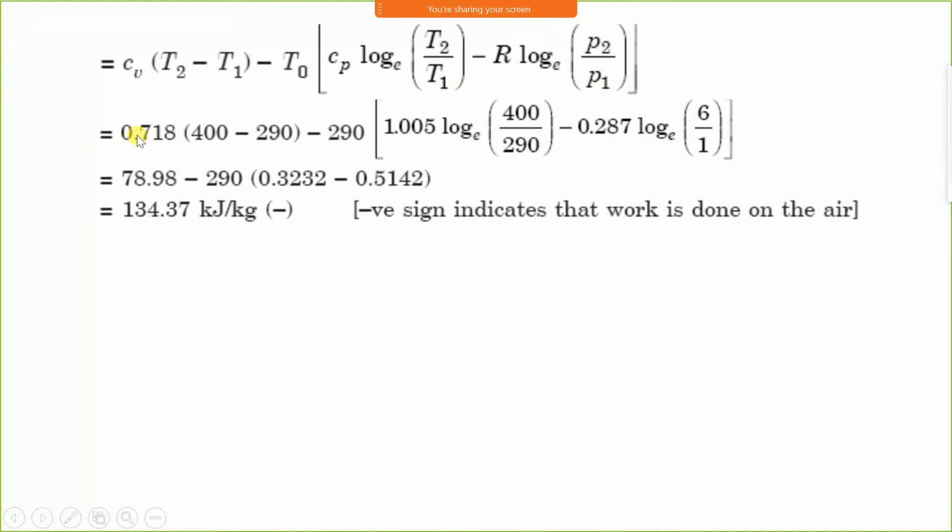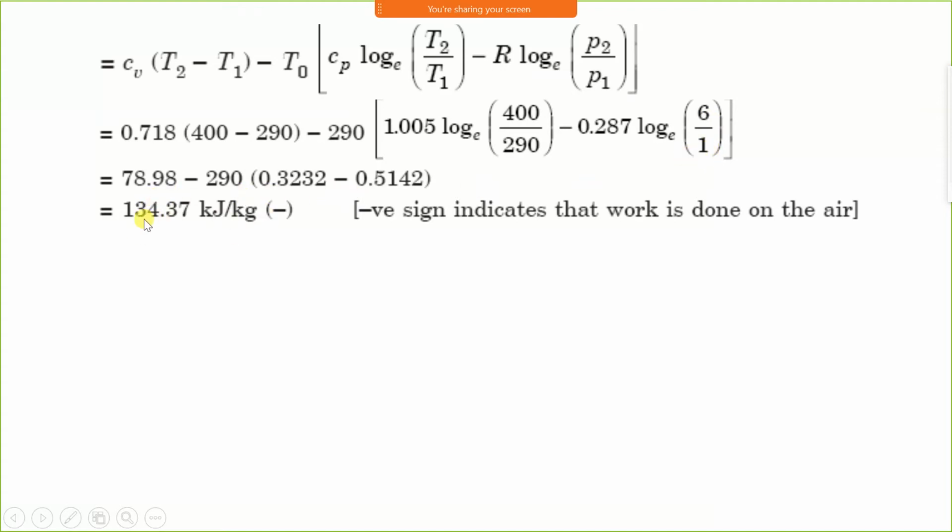Putting the values: 0.718, T2 is 400, T1 is 290, T0 290, Cp 1.005, then ln of T2 400 by T1 290, R 0.287, ln of P2 which is 6 bar by P1 which is 1.